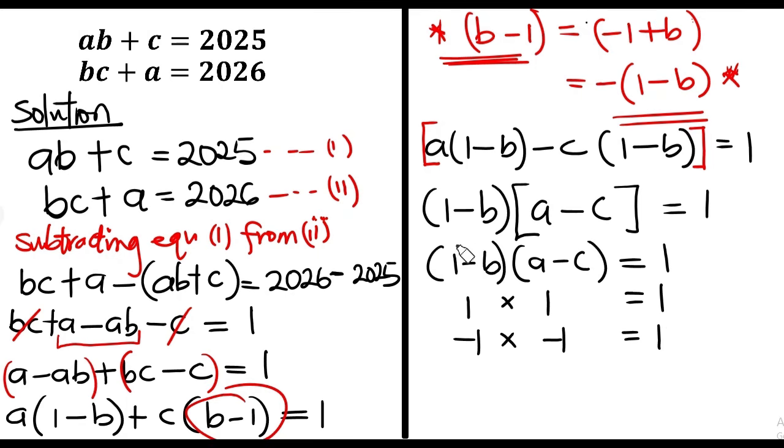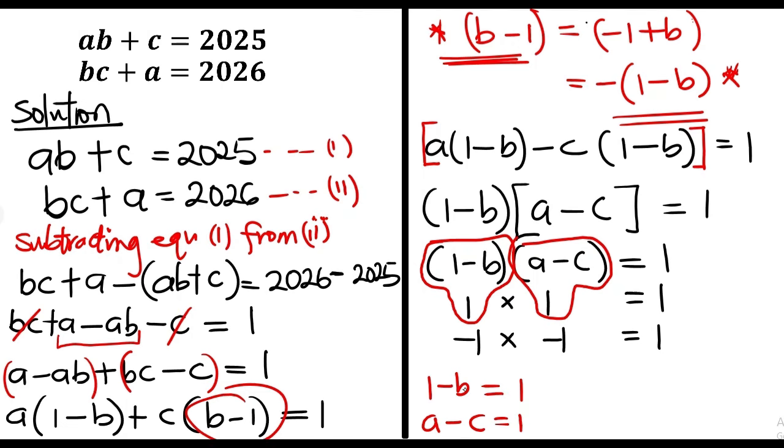That shows that the whole of 1 minus B must be 1 and A minus C must be 1, or I say 1 minus B equals minus 1 and A minus C equals minus 1, which multiplication of both gives 1. So I'm going to agree that this is valid and this is also valid. So 1 minus B equals 1 and A minus C equals 1.